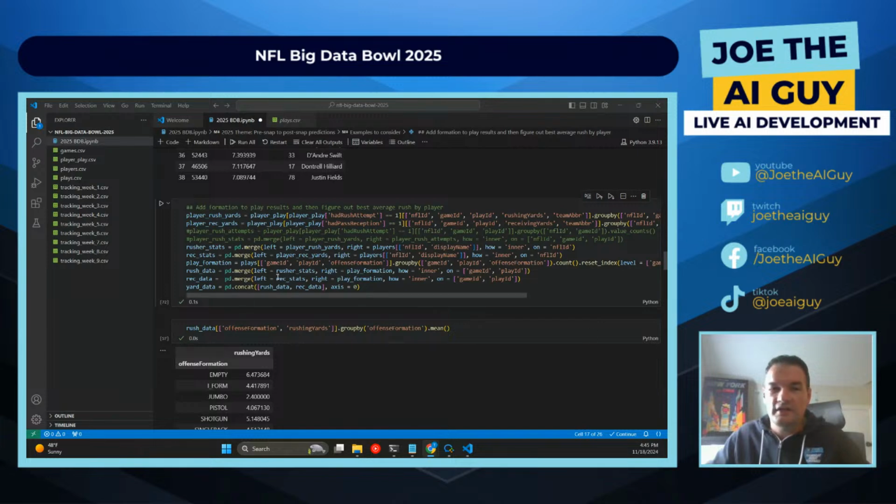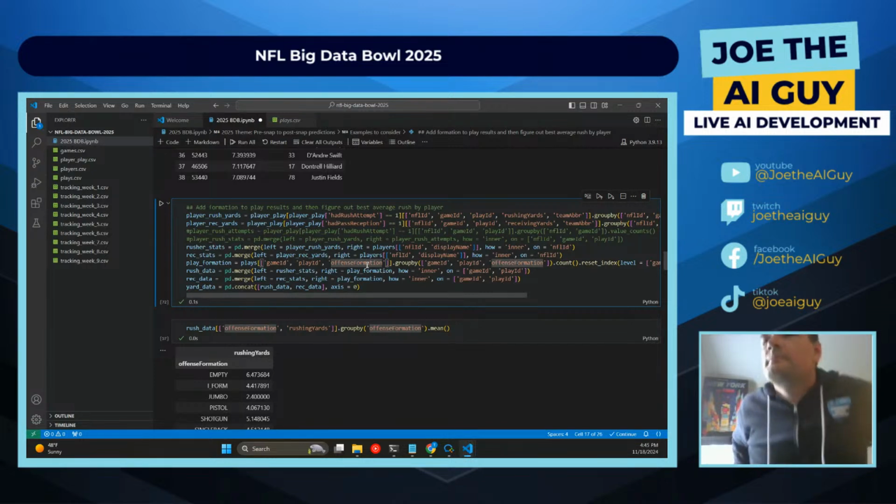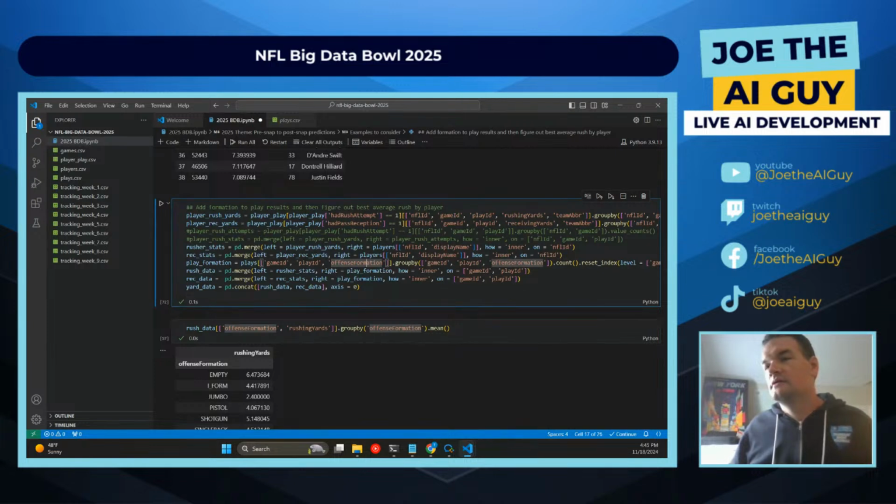So it's on the play data. Play data has pass result.